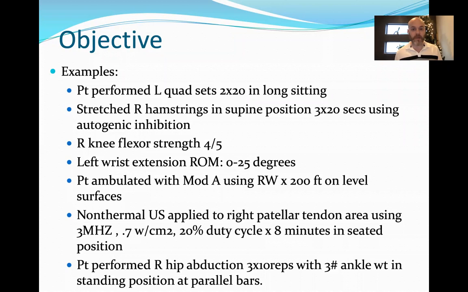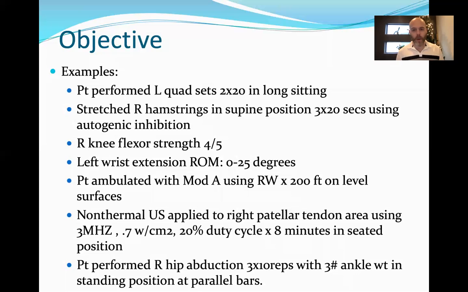Or, patient ambulated with moderate assistance using rolling walker for 200 feet on level surfaces. So see, you can't just write patient walked, or patient worked on walking today, or patient walked with a rolling walker. You have to say their device, how far they went, if they needed any assistance. In this case, moderate assistance just means they needed 50% assistance to walk.